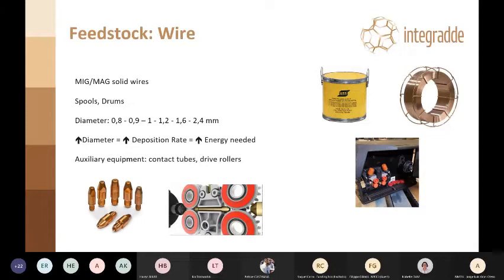They come in drums or spools, and we are using diameters ranging from 0.8 to 2.4 millimeter, depending again on the precision required to manufacture the component, and also on the deposition speeds that could be needed.